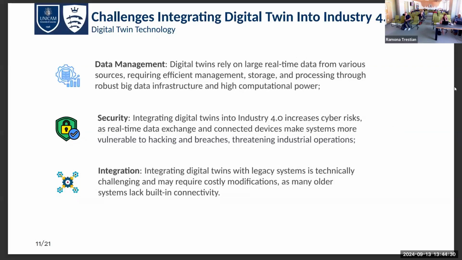And clearly, we also have challenges in the integration of the digital twin. The first one, of course, is data management, because the digital twin somewhere relies on IoT sensors, and it is known that IoT sensors produce a massive amount of data, the majority of which could also be unusable for a number of reasons.